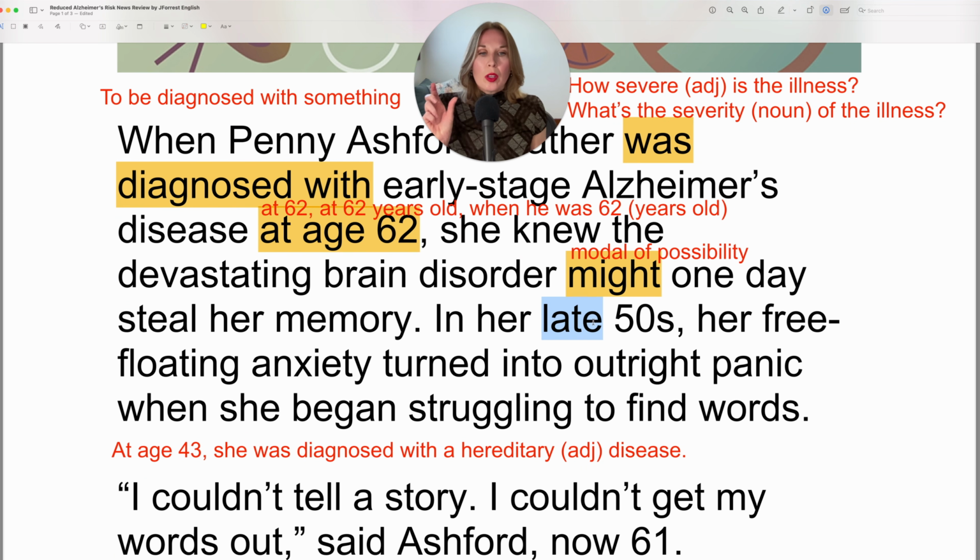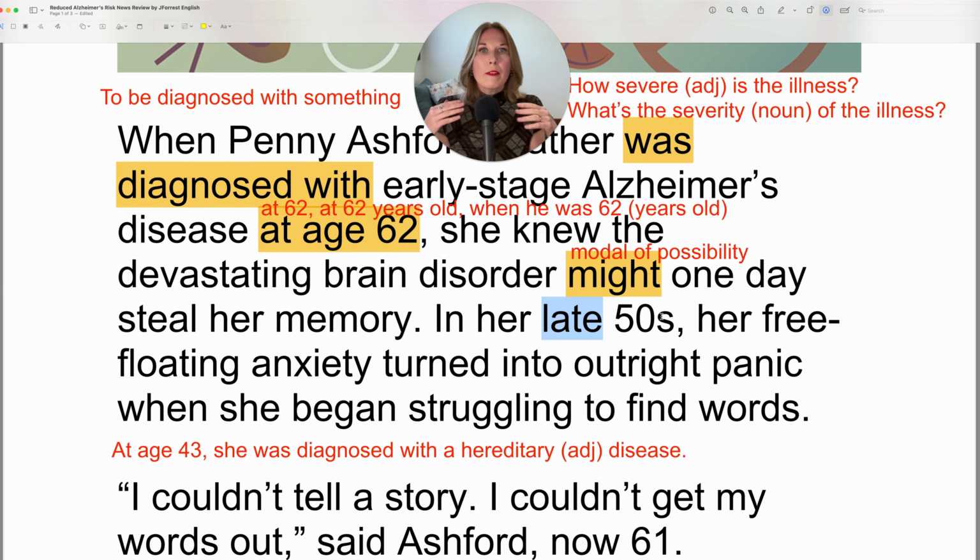If you did not have this word, in her 50s, it means Penny could be 50 or 59 or any number in between. So the decade of 50s, from 50 to 59. But late 50s, to me, sounds like 57, 58, 59. That sounds like late 50s.